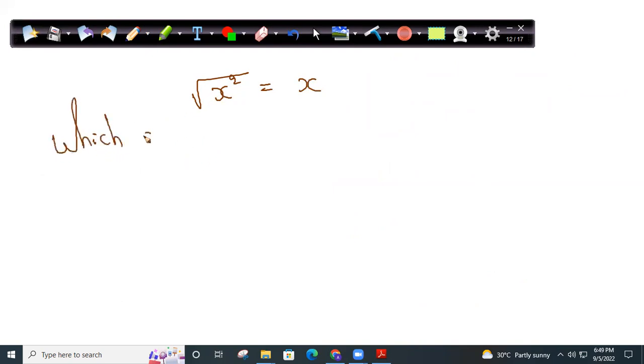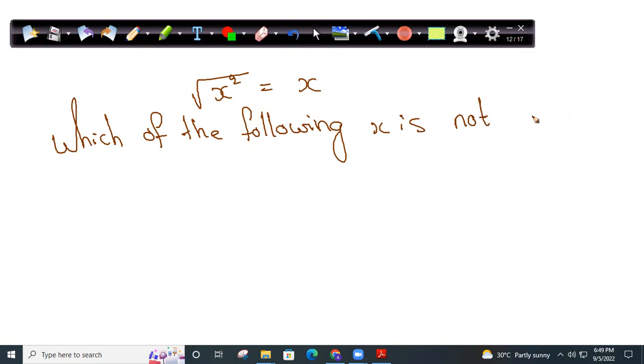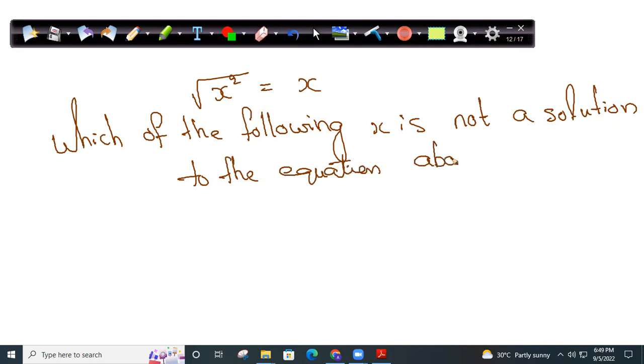Which of the following x is not a solution to the equation above?